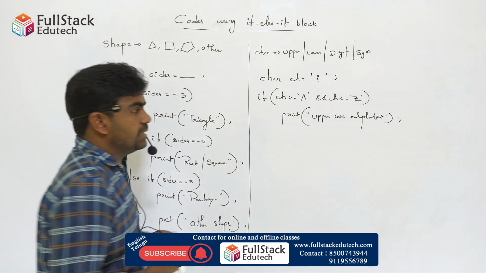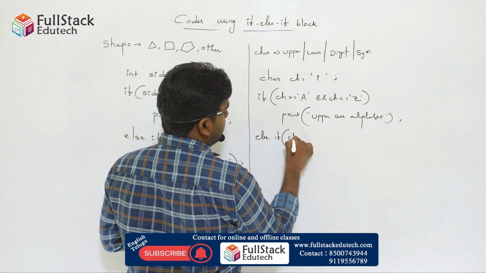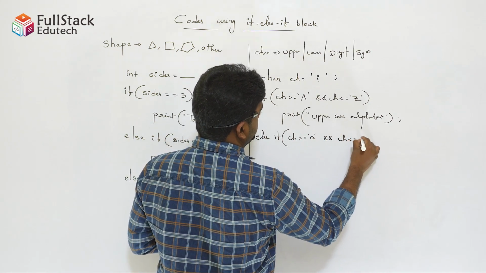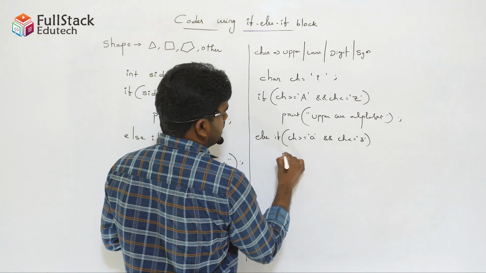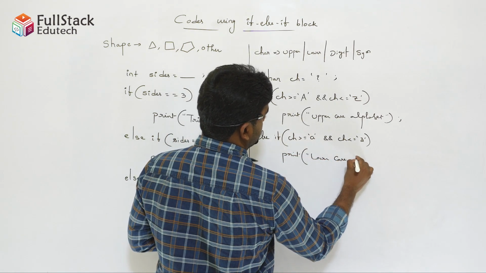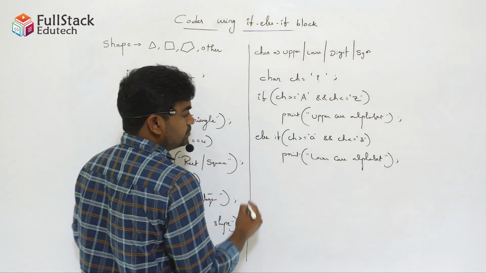This is for the first one. Second one, else if it is greater than or equal to small a and less than or equal to small z, then it's a lowercase alphabet.